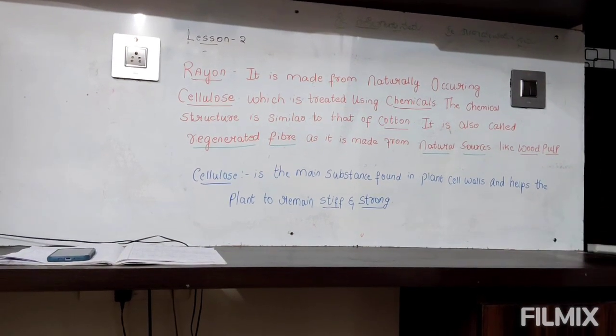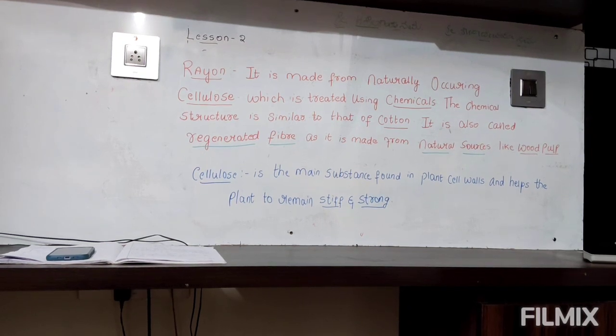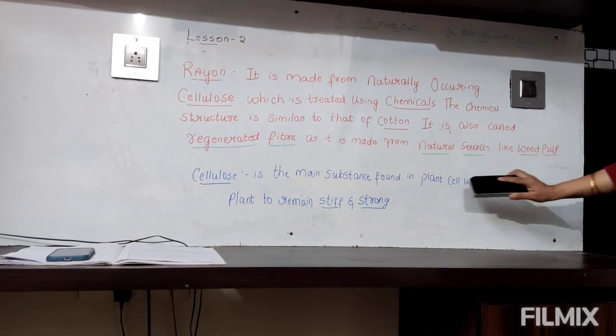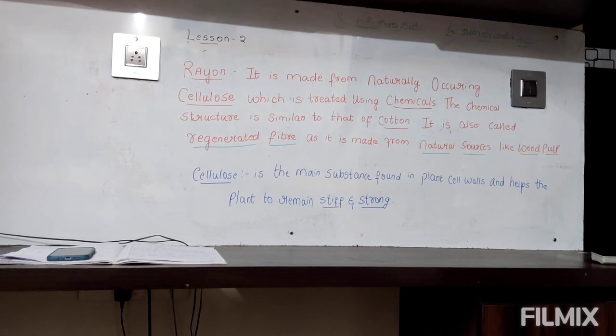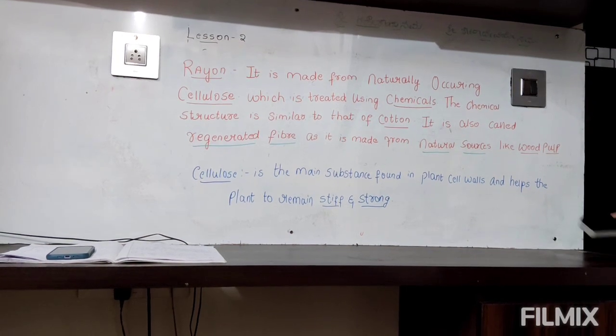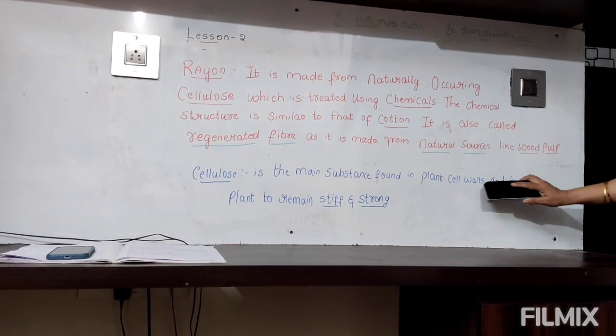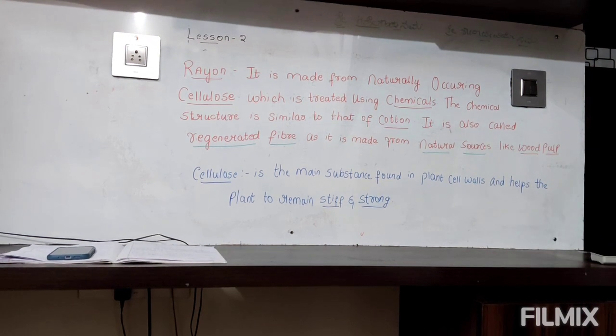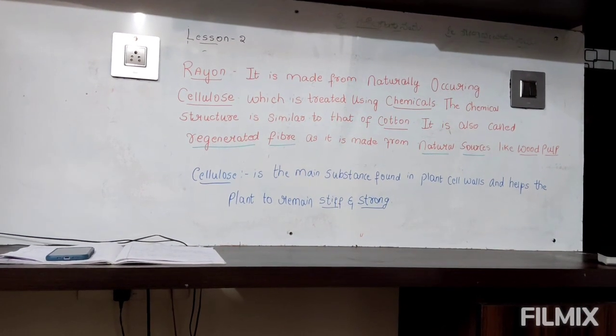Now, what is cellulose? Cellulose is the main substance found in the plant cell walls and helps the plant to remain stiff and strong.